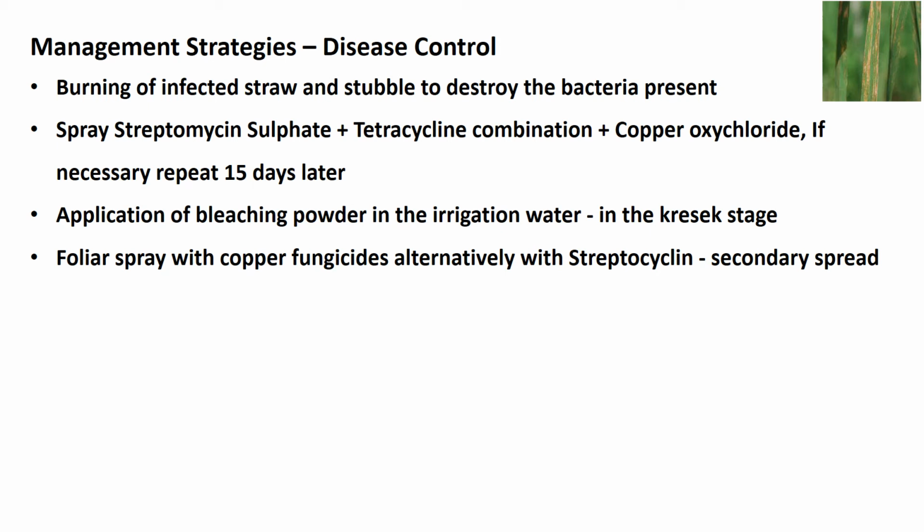Bleaching powder application in the irrigation water helps to inhibit or control the disease in the kresek stage. Foliar spray with copper fungicides alternatively with streptocycline also helps to prevent disease spread further. So this is about bacterial leaf blight of rice caused by Xanthomonas oryzae.